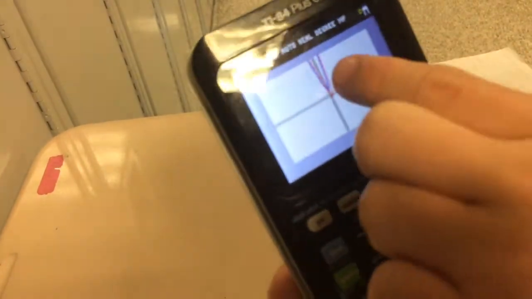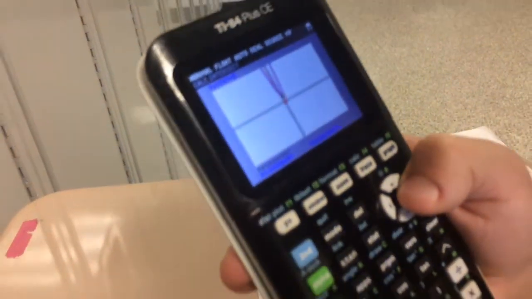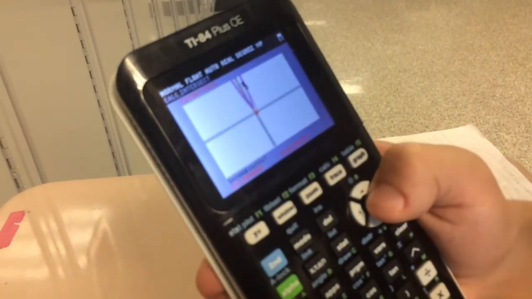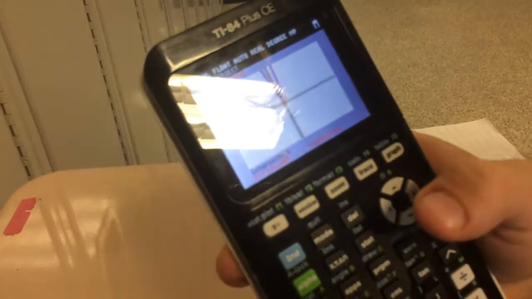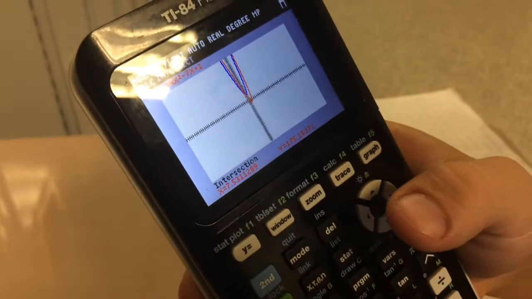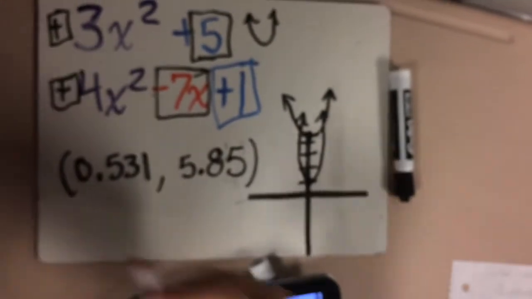And as you can see, up around here it intersects. We're going to try to find that. I don't know if we'll be able to get that exactly, but yeah, it intersects at 7.53 and 175.15, which is a very big coordinate.